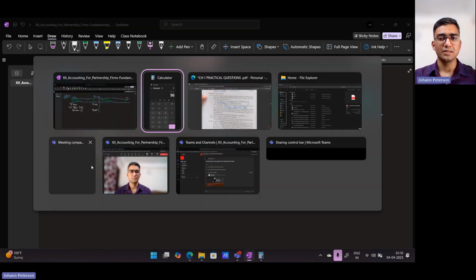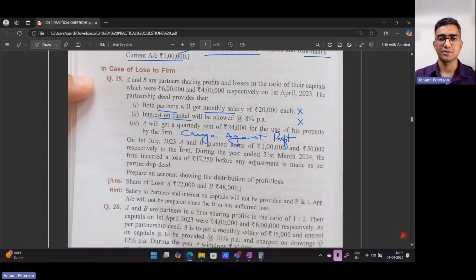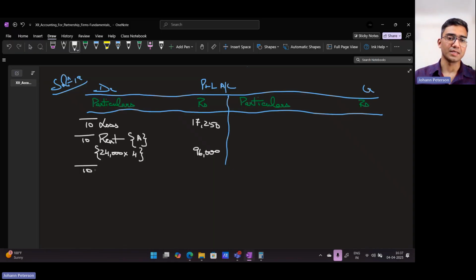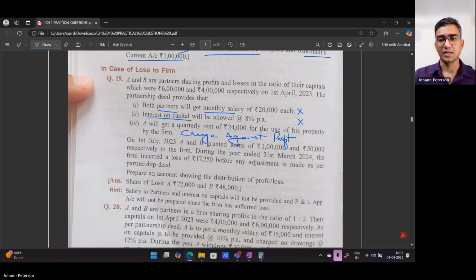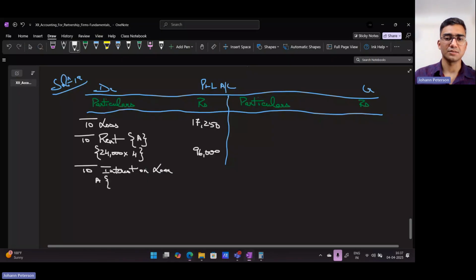What else has to definitely be given? It is saying on 1st July, A and B granted loans of 1,50,000 to the firm. Again, when you're giving a loan to the firm, interest has to be given on it. So A and B will get interest. We will write this on the debit side because this is again a charge against profit. So to interest on loan. For A, it is going to be on 1 lakh, and for B, it is on 50,000.